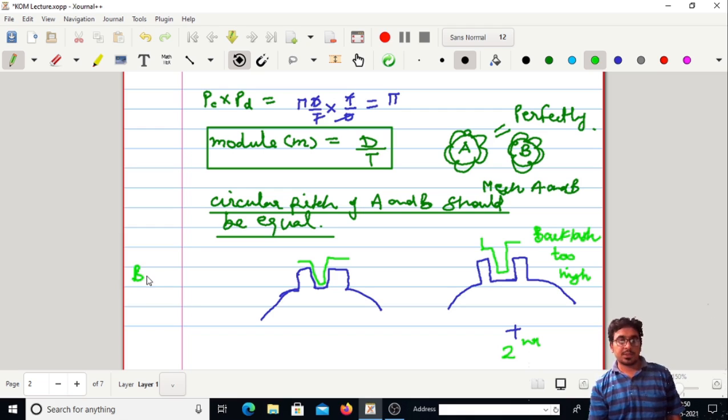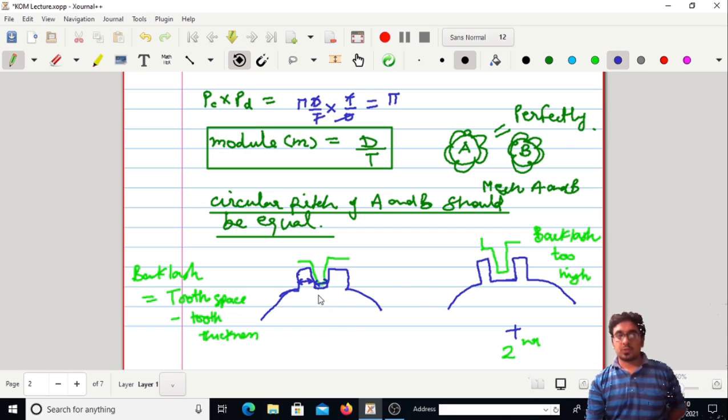So backlash is defined as the difference between tooth space minus tooth thickness. If I need to define it here, then we can remember that this was the tooth thickness and this was the space. Okay, so there should not be much difference between the tooth thickness and the space. This is known as backlash.